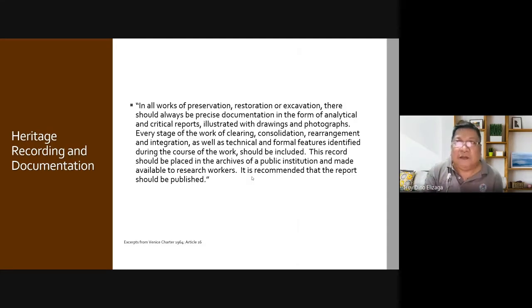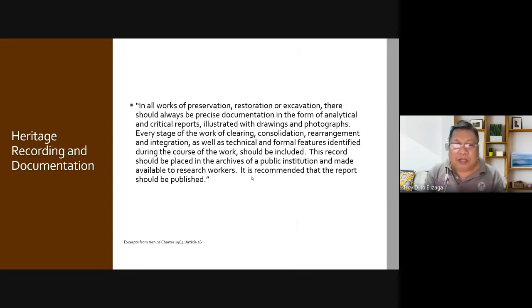Okay, which means it should include the steps, not only the measurements and the appearance of the heritage structure or resource, but also how it should be repaired or how it should be reconstructed. So what is acceptable and what is not acceptable.